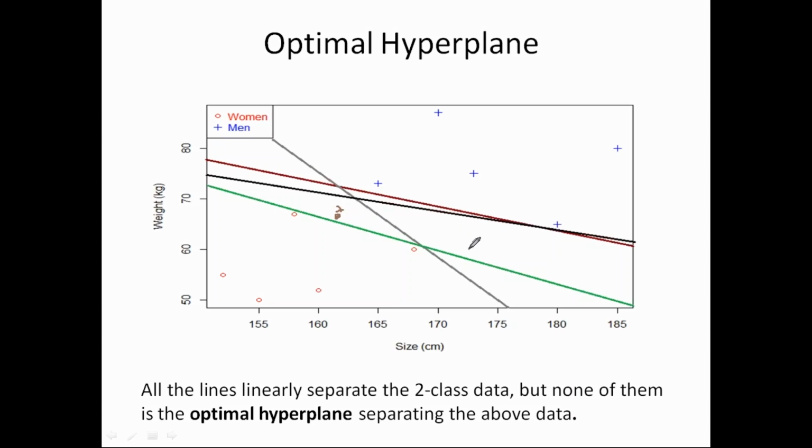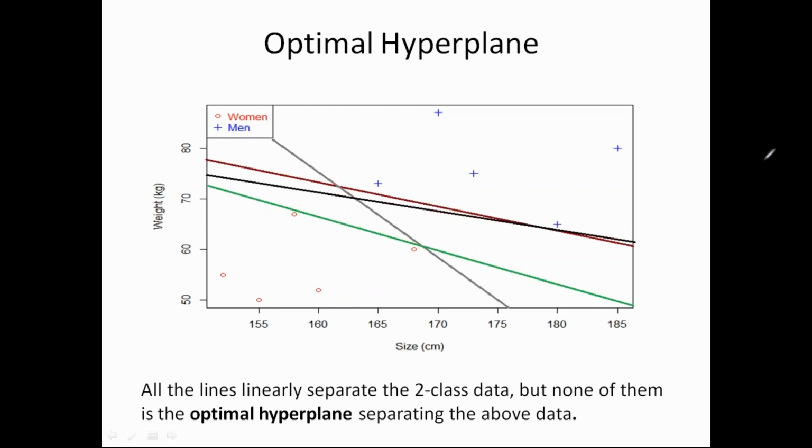Any data here, or say here, it will say that it is of plus category, but actually it could be a woman also, right? As this line is more near to women, it gives less space to the woman side and more space to the men side.